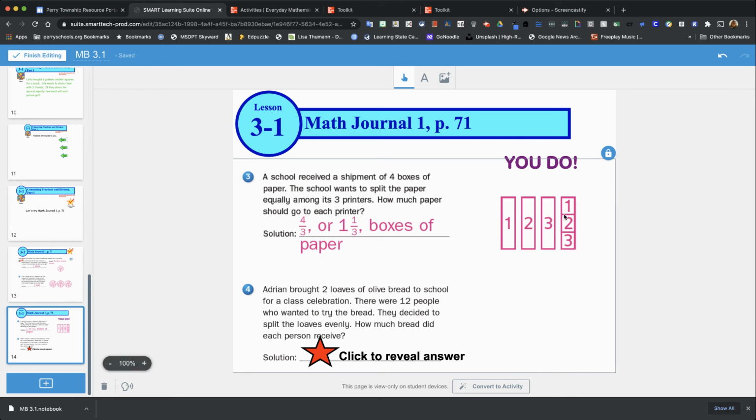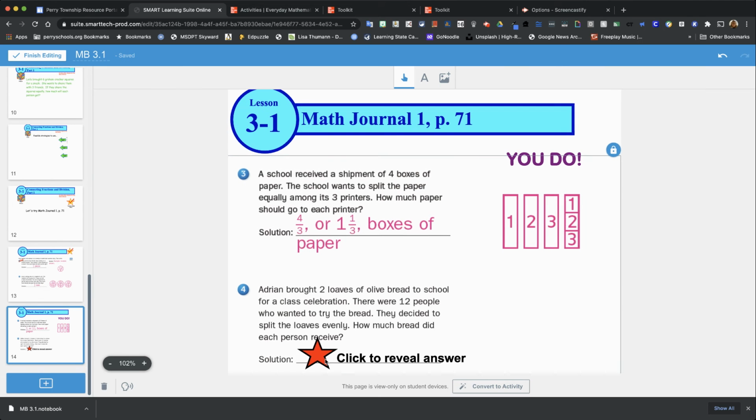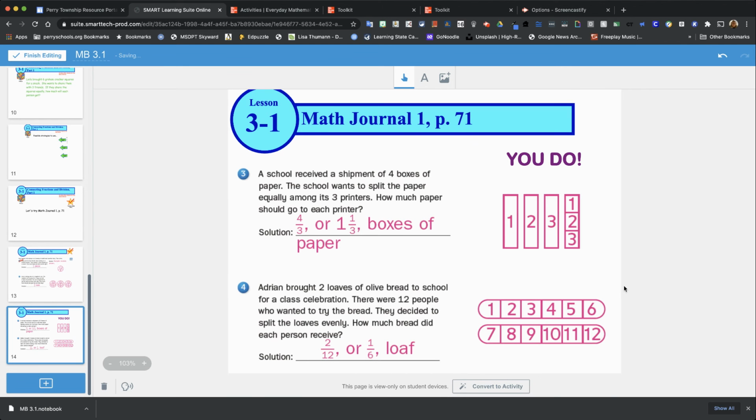So they got 1 1/3 boxes of paper. And finally, how much bread? Let's take a look. 2/12 or 1/6. So on 3 and 4, when we've got this word or, that means 4/3 is equal to 1 1/3. And down here, 2/12 is equal to 1/6.